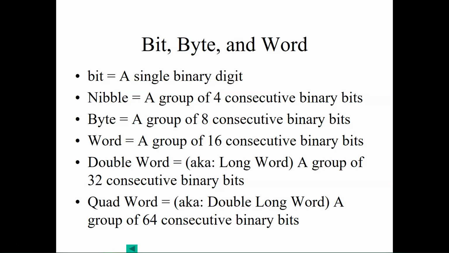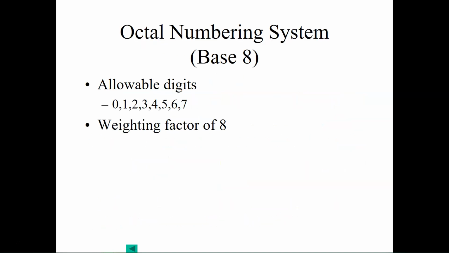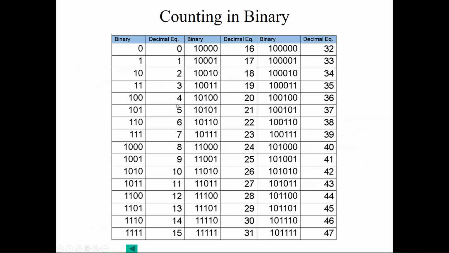Now, what do you notice that it's doing? It's moving in multiples of what? Doubles. Exactly, it moves in doubles. So you go from 4 to 8, 8 to 16, 16 to 32, 32 to 64. That's because we tend to group these in groups of 4.